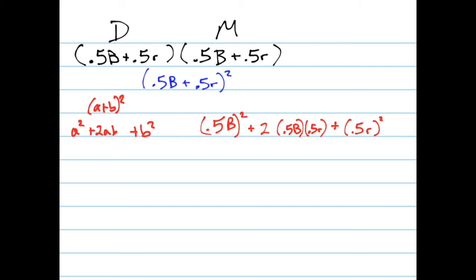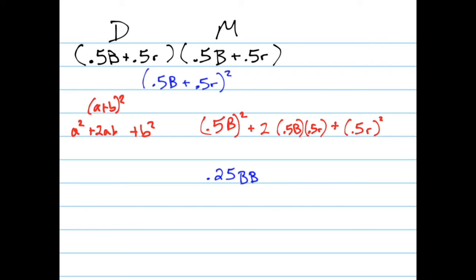Okay. So what is (0.5b) squared? 0.25b squared. Now, since we're modeling biology, instead of writing b squared, I'm going to write b. But only because it's a Punnett square problem. Normally, I'd write b squared. Because there's 2 b's.